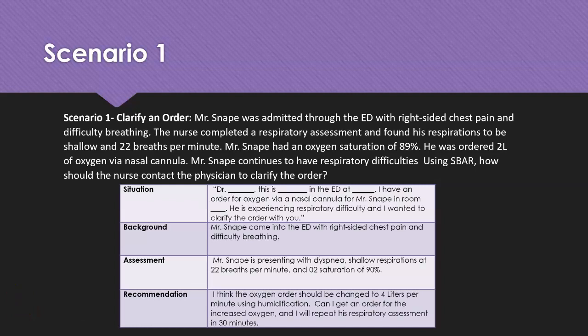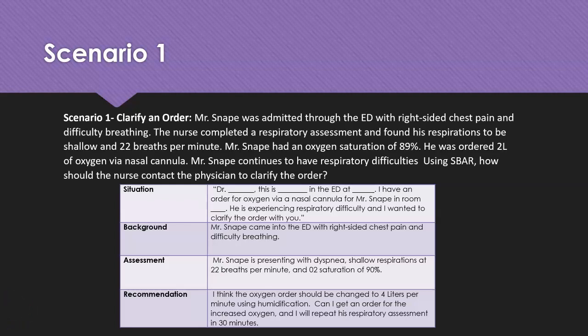Okay, now, you got the situation, and you're calling because you're clarifying an order. Dr. X, this is you in the ED, remember you told your location. I have an order for oxygen via nasal cannula for Mr. Snape in room whatever. He is experiencing respiratory difficulty, and I want to clarify the order for you.